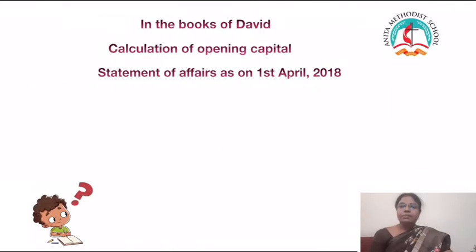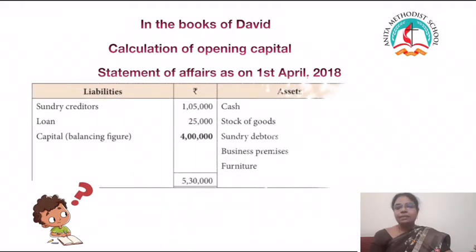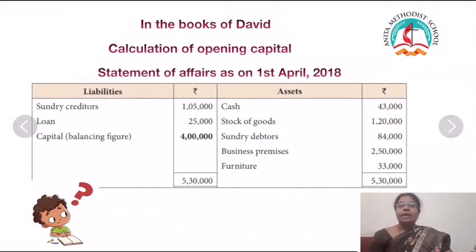So now children, we have to calculate the opening capital. In the books of David, calculation of opening capital. So statement of affairs as on 1st April 2018. So you have to write all the assets on the asset side and liabilities on the liabilities side.